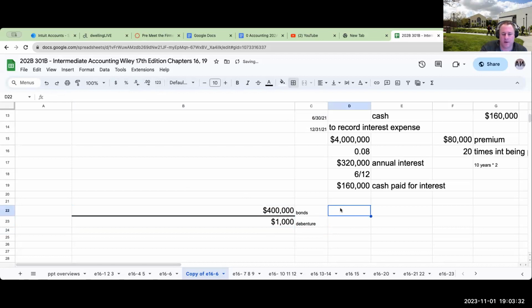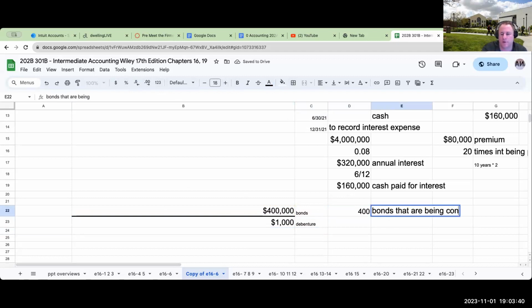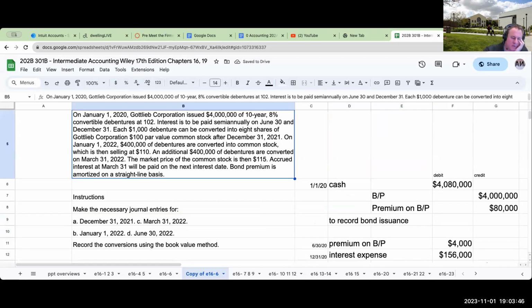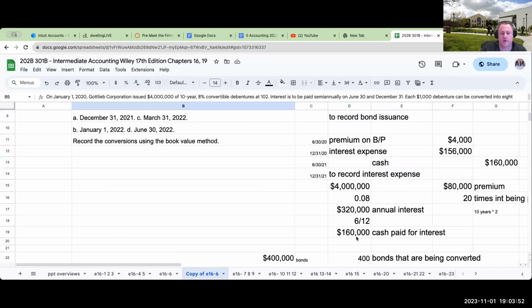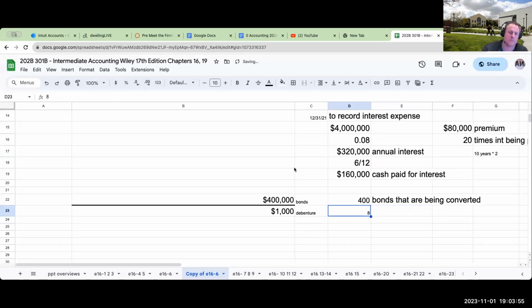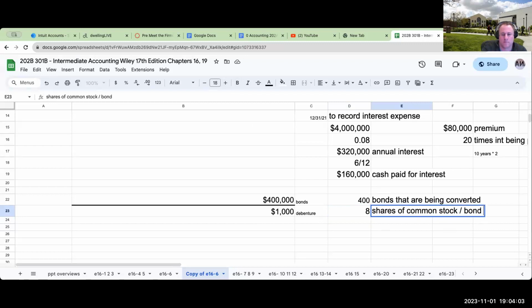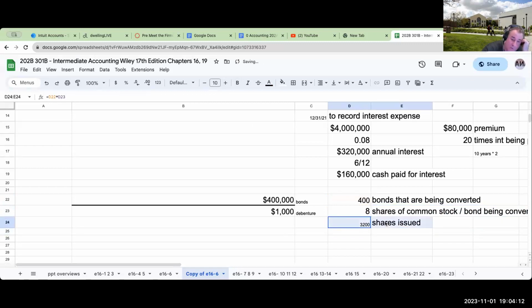So what I'm going to have here is basically 400 bonds that are being converted. Okay. So of the 400 bonds that are going through and being converted, right, each one is going to be convertible into 8 shares of common stock. So the total number of shares being issued will be 3,200.